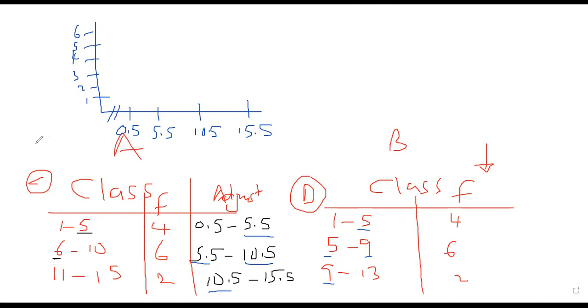So 5.5, that one we get a 4. So this 4, you put it here. 5.5 to 10.5, we have a 6. So here we take this here. 10.5 to 15.5, we have a 2. So this is how this is done. Are we following? Are we together?